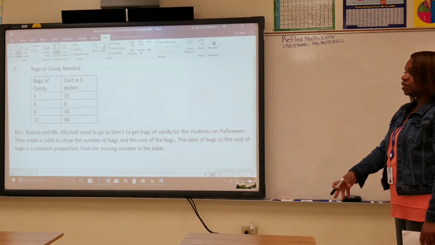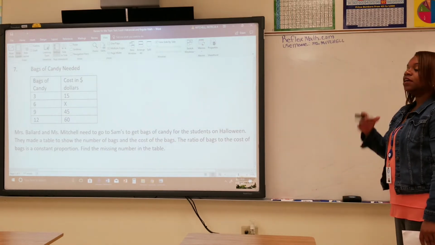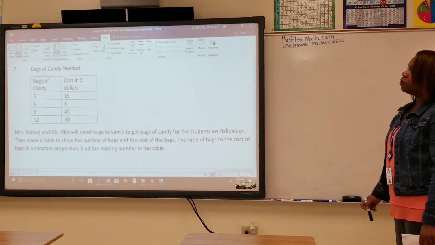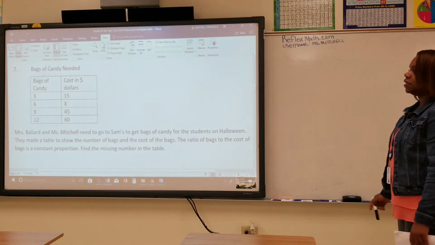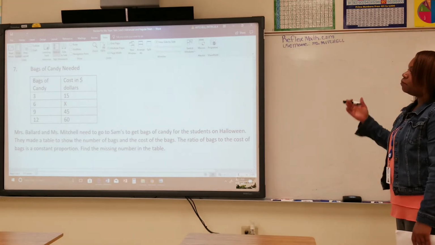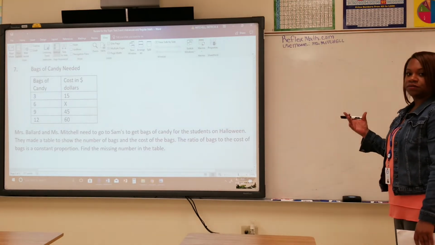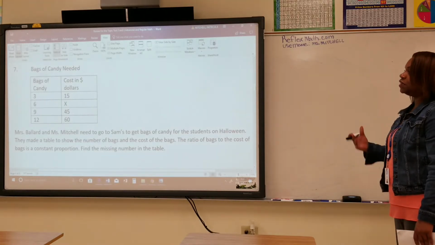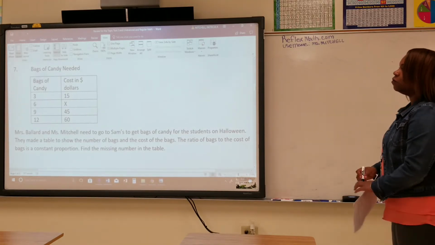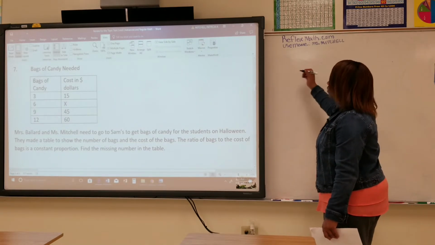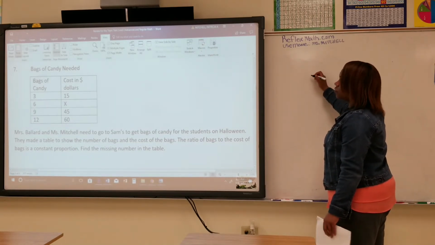One side, as we see, is increasing by 3 all the way. The other side should increase by the same number all the way. So 45 to 60 is an increase of 15. That means that 15 to X should be plus 15. It should have increased by 15. That means that 30 will be our X. Because 15 times 2 is going to be 30.